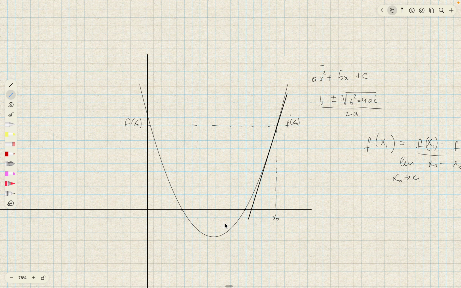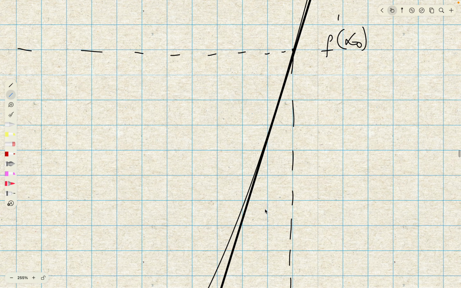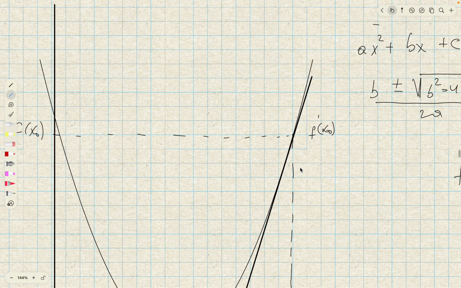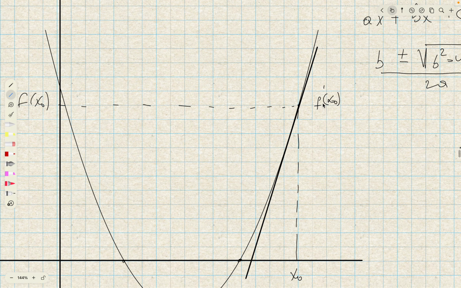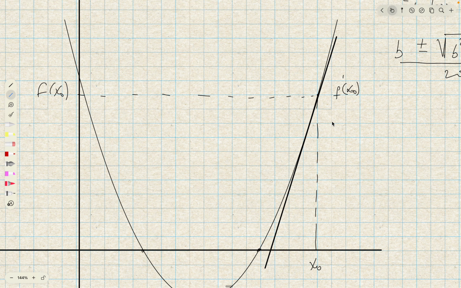What we know about this line is that we know the slope and we know the point that it passes through, x0 and f(x0).